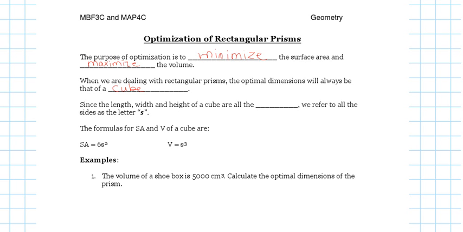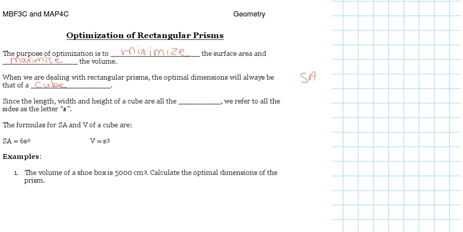But we have that of a rectangular prism. And we know that the surface area of a rectangular prism is 2 times length times width plus length times height plus width times height. So this is the formula for the surface area of a rectangular prism.